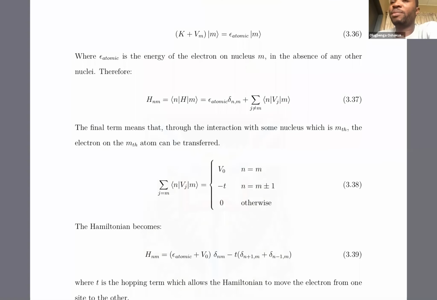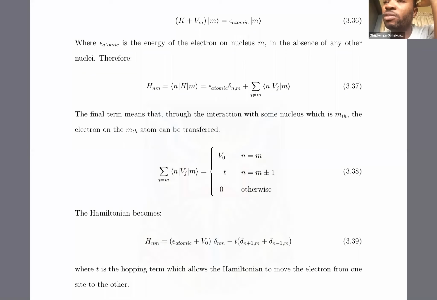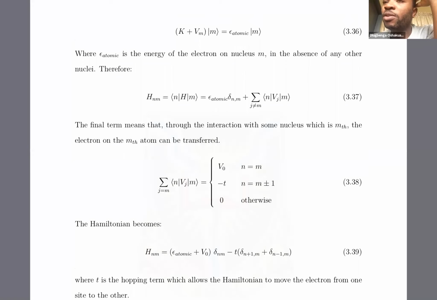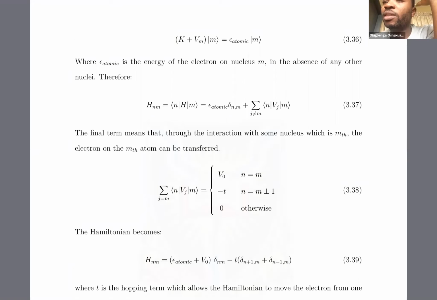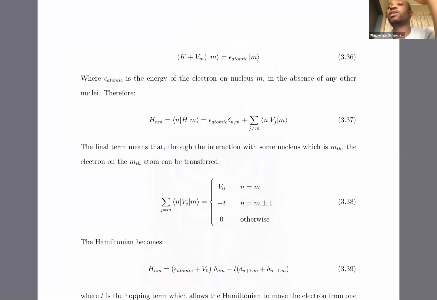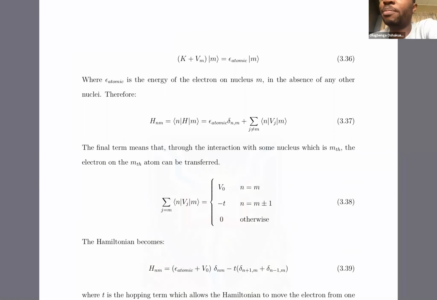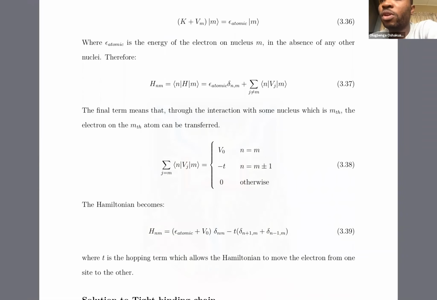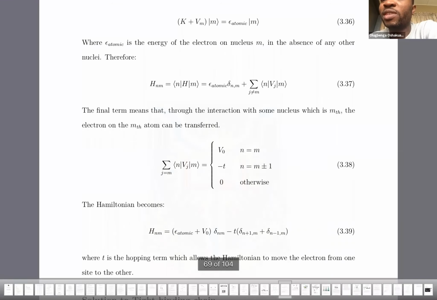If you follow what we did in covalent bonding, everything here should be straightforward. Then we spoke about atomic orbital m, and we consider whether n is equal to m or n is not equal to m.